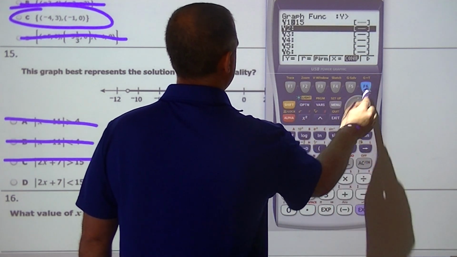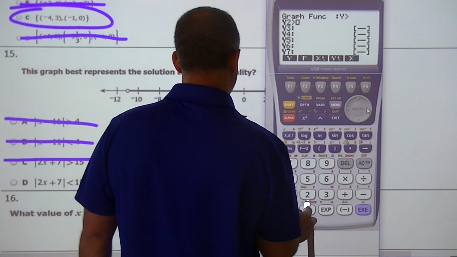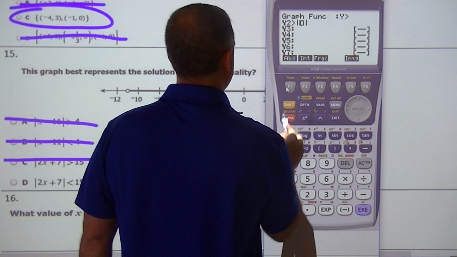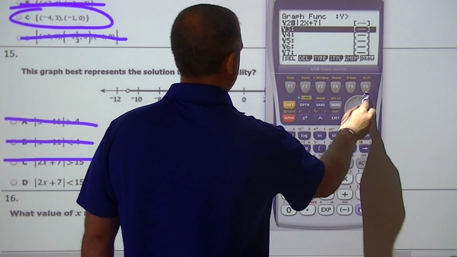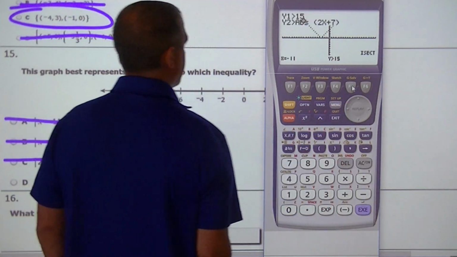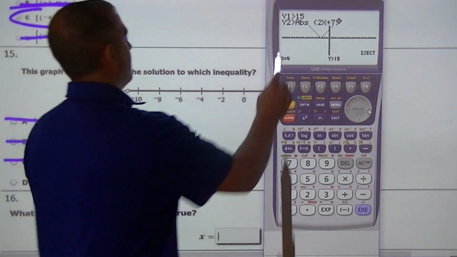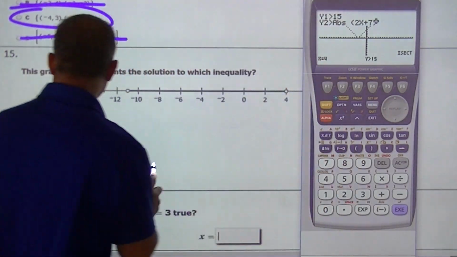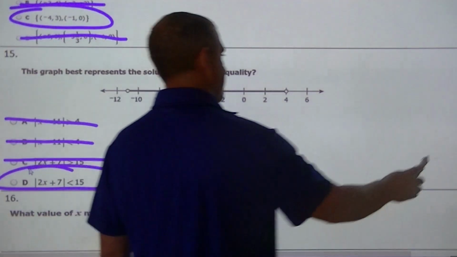The type should be the flip of this. So option num abs 2x plus 7. G solve intersect. Now I've got -11 as an answer, and now I've got 4 as an answer, and that's why that one ends up being my answer. You can try all of them, but that's a quick way to eliminate.